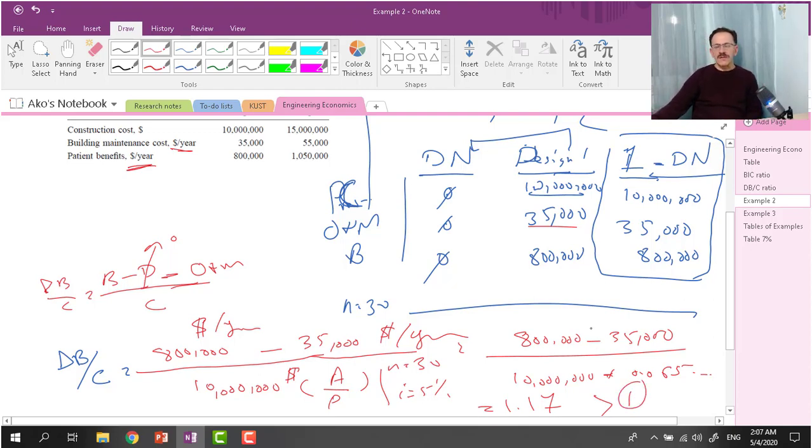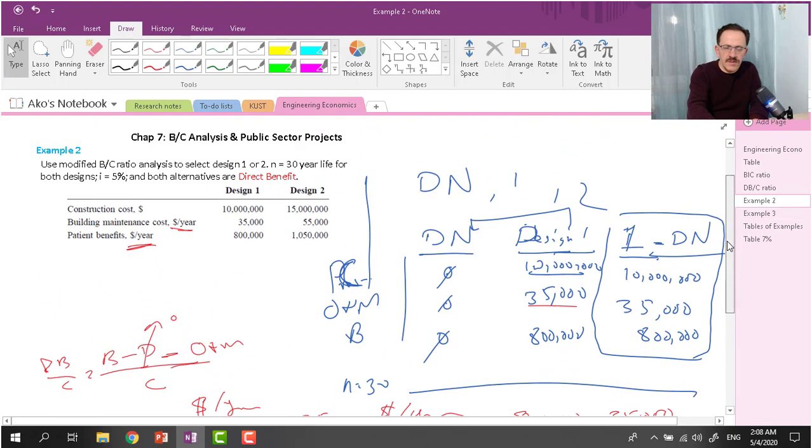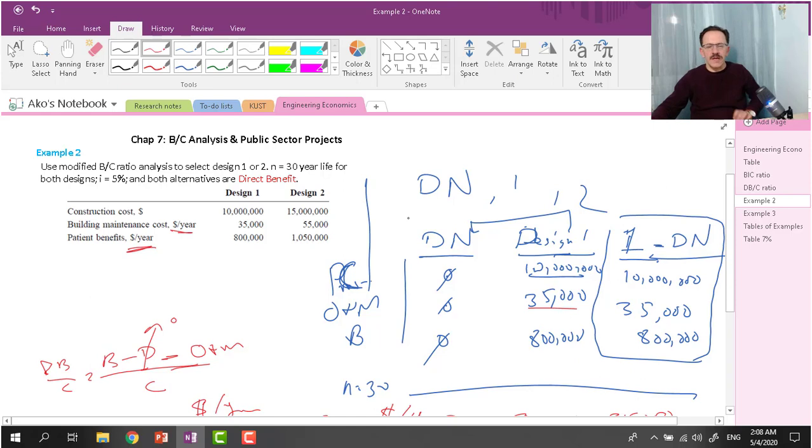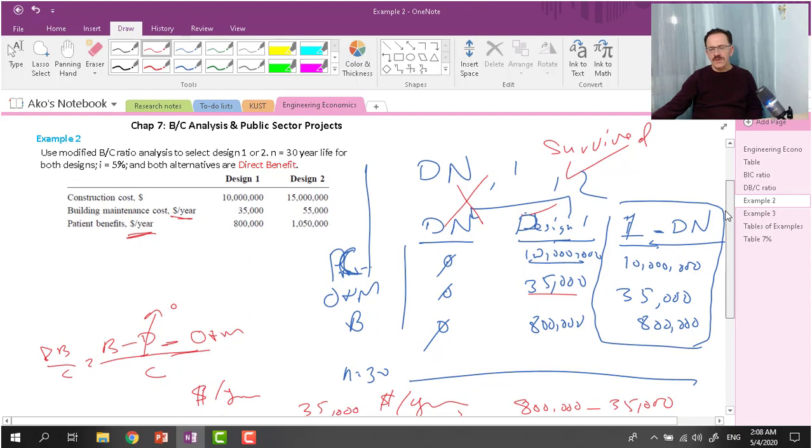Logically, this gives you an indication that because delta B over C is greater than 1, do nothing will be terminated, and option 1, the second highest cost, will survive. Survived means design 1 will be included and go to the next step.